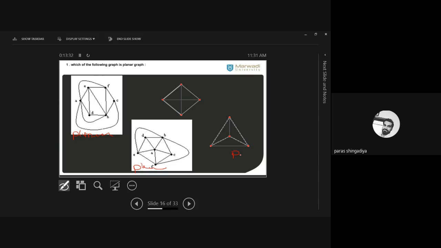Third one, that is a graph. Let's mention the notation: third and fourth.